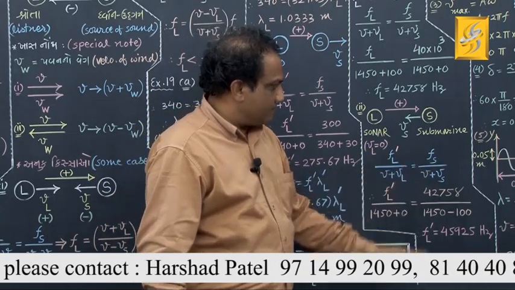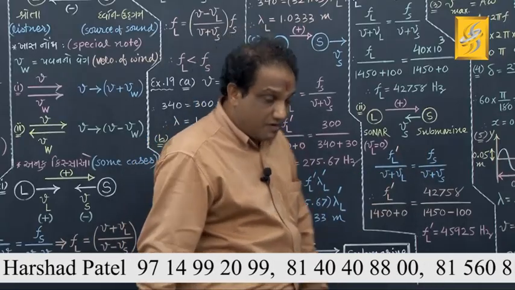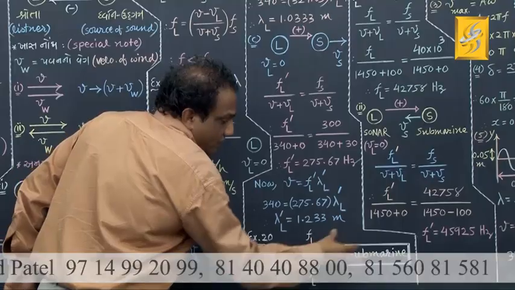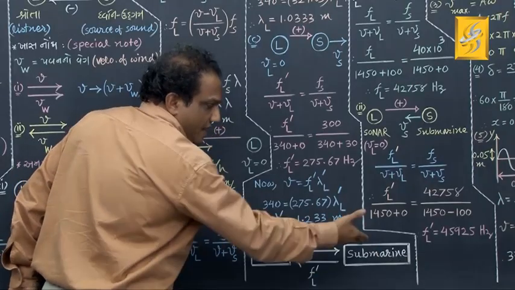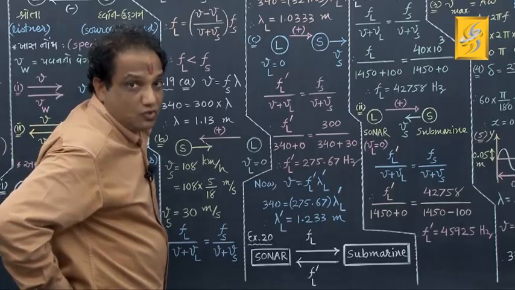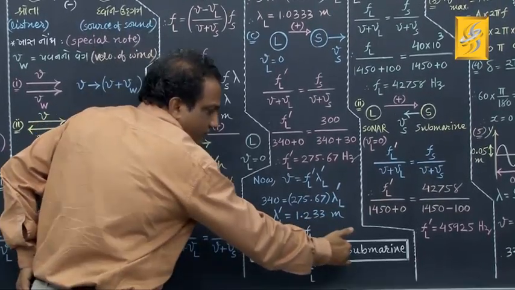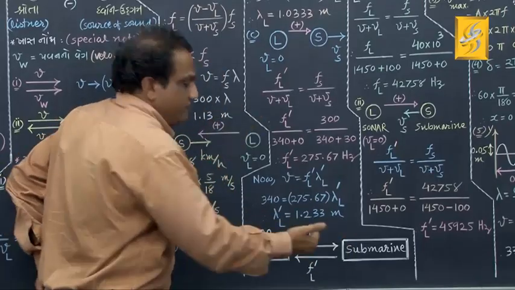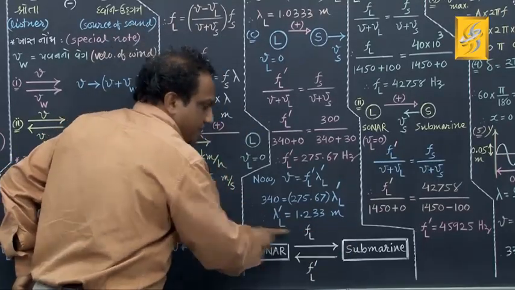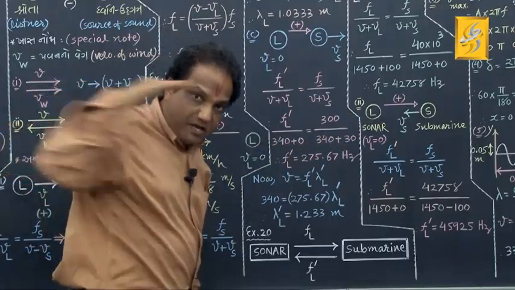What about Fs? Fs is the frequency of the sound wave generated from this, correct? Actually the sound waves are not generated from here. So what should you take? Tell me first of all, which sound wave will be reflected? The one which is made incident.